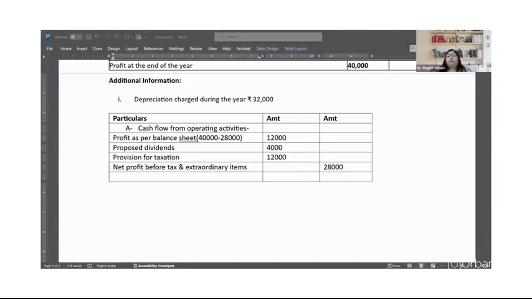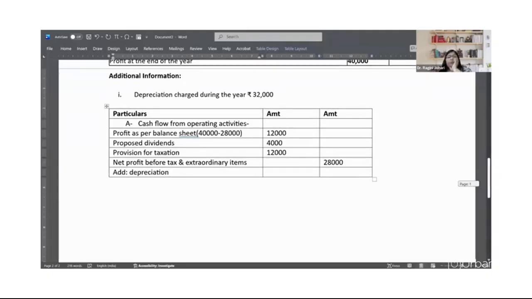Now the items to be added in this are the depreciation and operating profit before working capital. Using this, we are going to calculate operating profit before working capital change. So depreciation has to be added now. So we write add depreciation. Now, how much is depreciation given in the question?